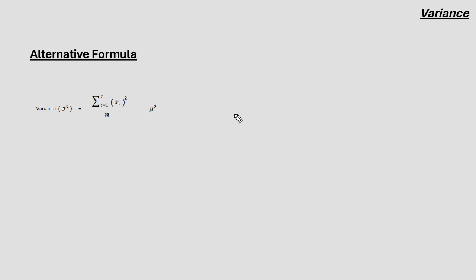There is also an alternative formula for the variance, which some can find easier and prefer to use, and which will also give exactly the same result. And this is where we sum up the square of each value in our set of numbers, all over the total amount of numbers there are, minus the mean squared.